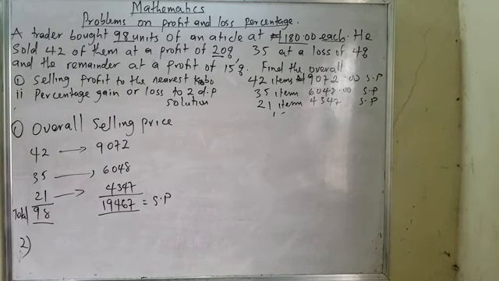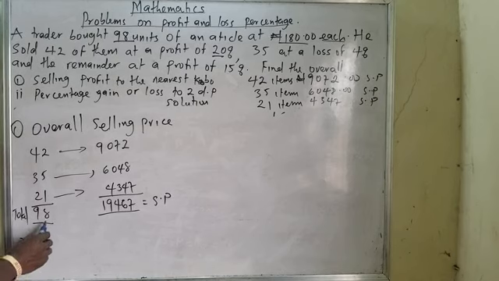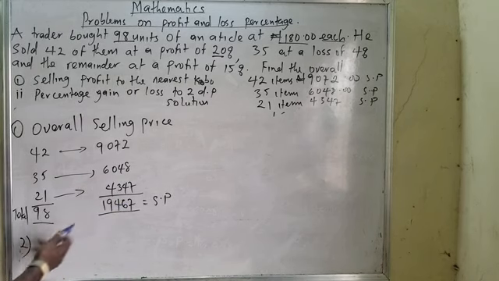Number 2 tells us that this is the total, the overall selling profits. The next thing I need to solve for is the overall percentage gain or loss. How do I know whether it's gain or loss? I will compare the selling price and the cost price.